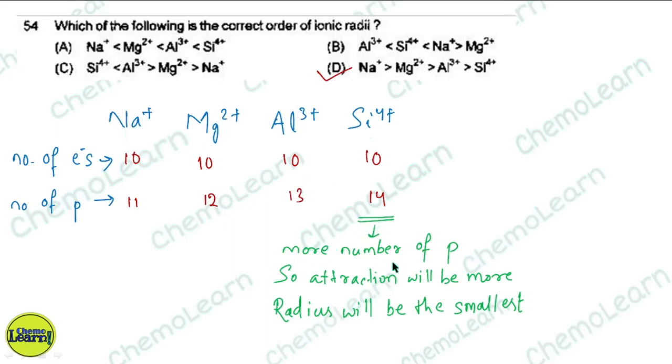And you know, the more protons, the more firmly it attracts all the valence electrons. So attraction will be more and the radius will be the smallest. For silicon 4 plus, the radius will be small, and sodium is the highest. So Na plus is greater than Mg2 plus, greater than Al3 plus, greater than Si4 plus.